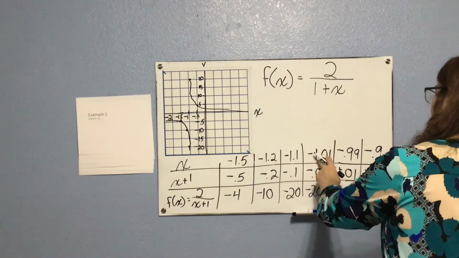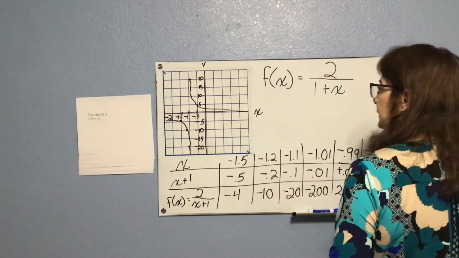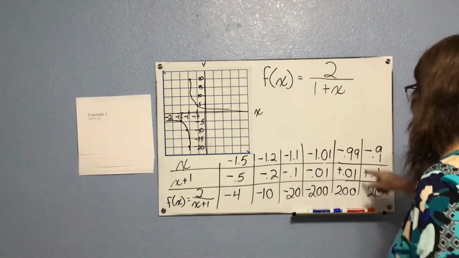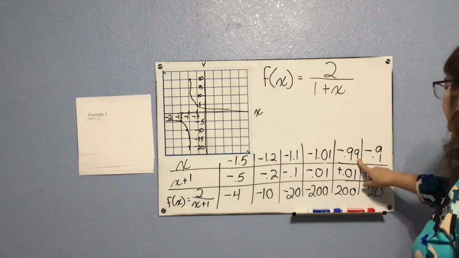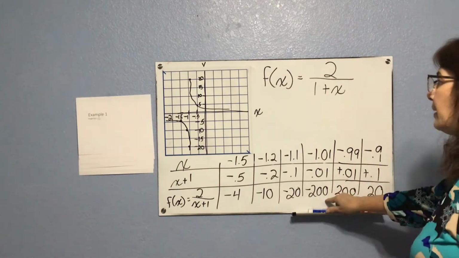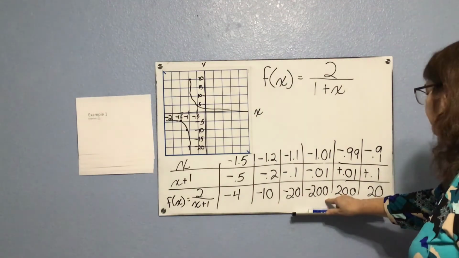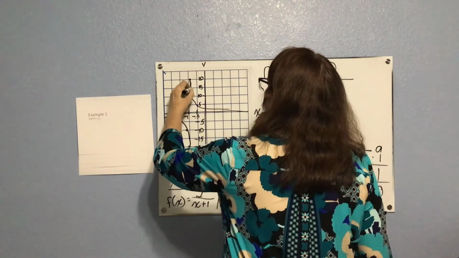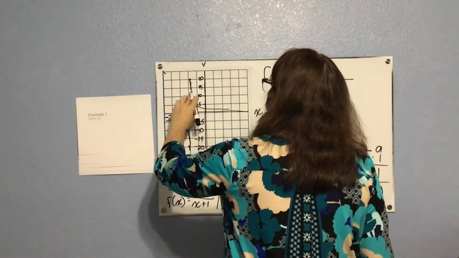I went to negative 1.01, just to the left of that. And then I skipped over to just to the right of it, and that's where I got my positive and negative 200. So this is generally the shape of the graph.